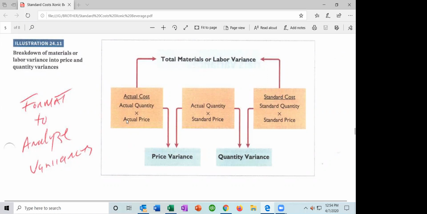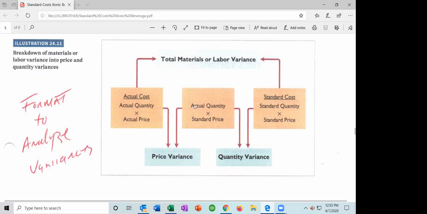On the left-hand side, we have our actual costs, actual quantity, and actual price. On the far right-hand side here, we have the standard information, standard cost, standard quantity. How much material should they have used to make that actual output? And then standard price, what should they have paid per pound?